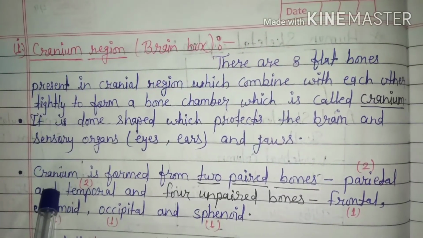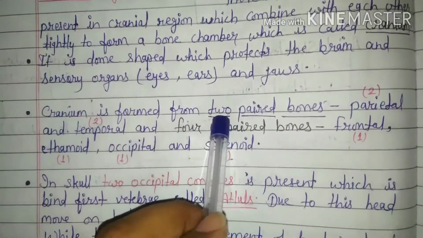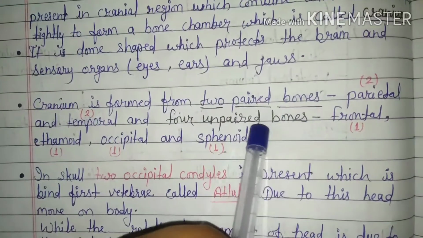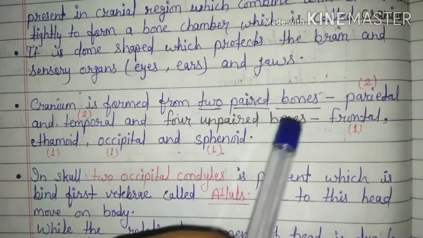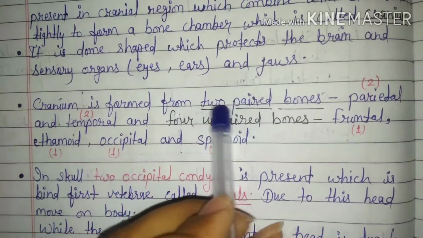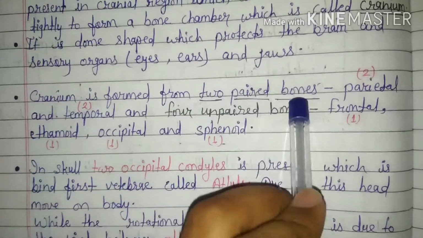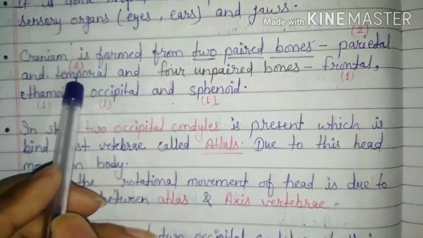So, the cranium is formed from 2 paired bones and 4 unpaired bones. Total bones 8. The 2 paired bones are first parietal and second temporal.